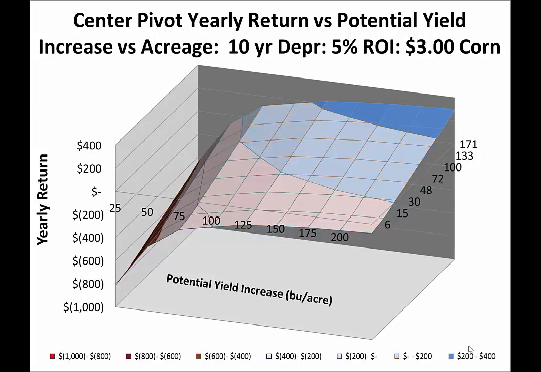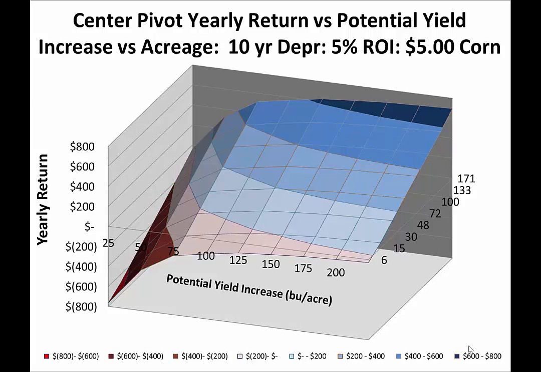Okay. So if we change that to $3 corn, that graph gets pretty ugly. Okay, there's very few scenarios, unless you're looking at a pretty sizable yield potential increase and a pretty big system. Okay. If we look at $5 corn, it gets pretty good.